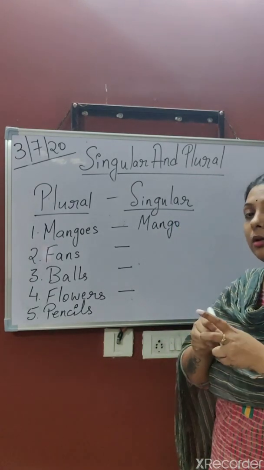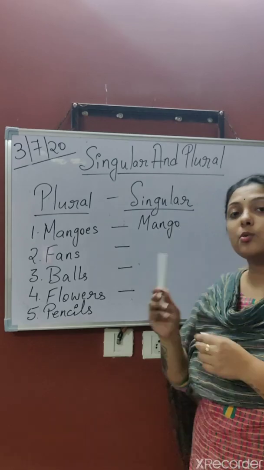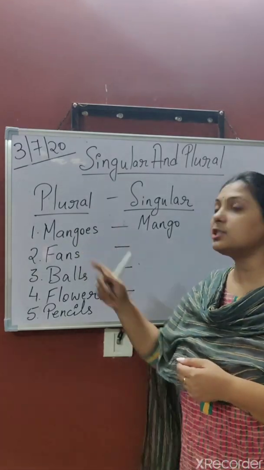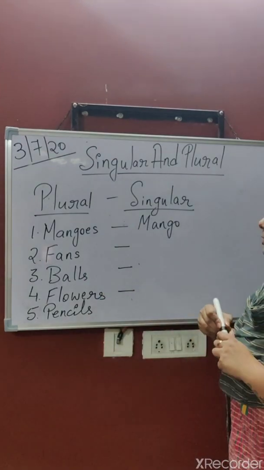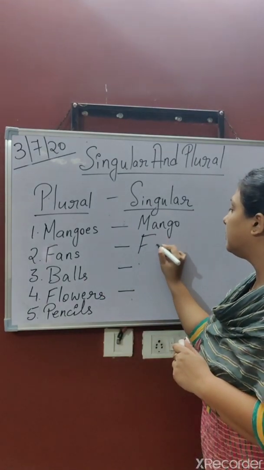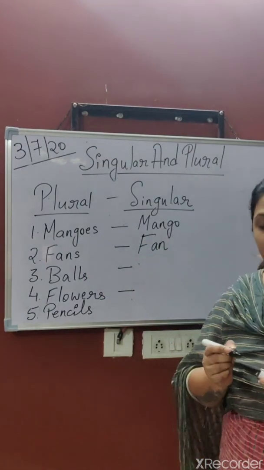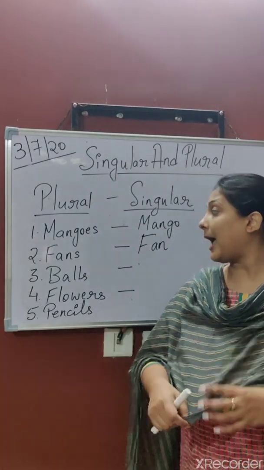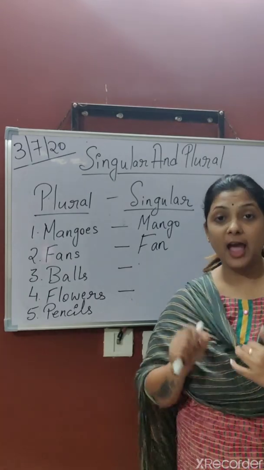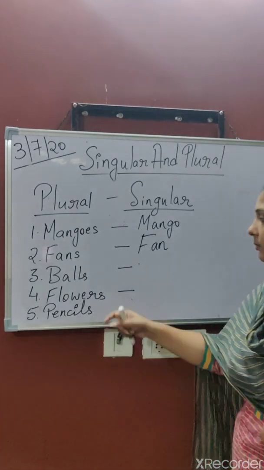Why mango? Because singular means one and plural means more than one. Now number 2, fans. So the singular form is fan. Fans means more than one fan, and fan, F-A-N, means one fan.